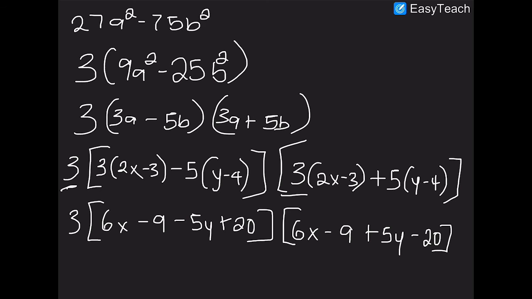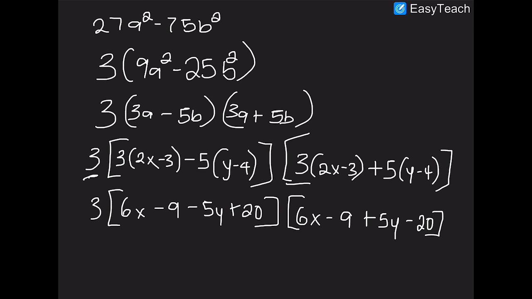All right, so this is what we're going to have. And now we're going to collect like terms on the inside. So we're going to, again, bring the 3 down with us. Here we have 9 and 20 are like terms. 6x and 5y are not like terms because they're different variables. So we're going to collect like terms.